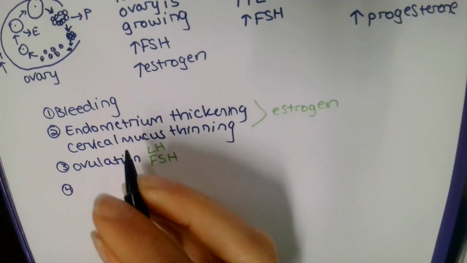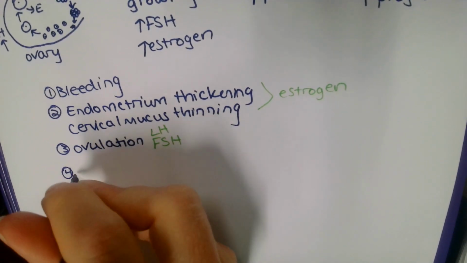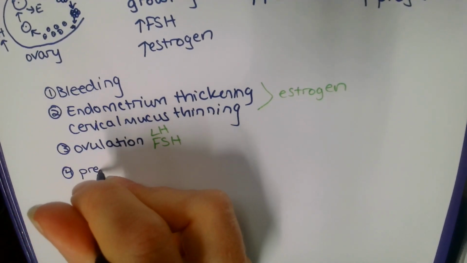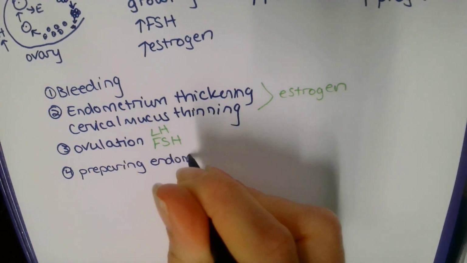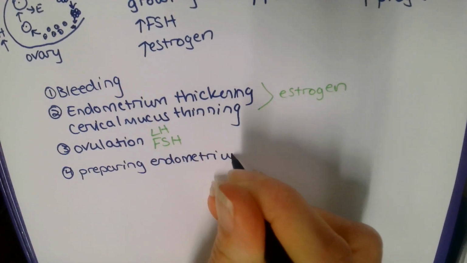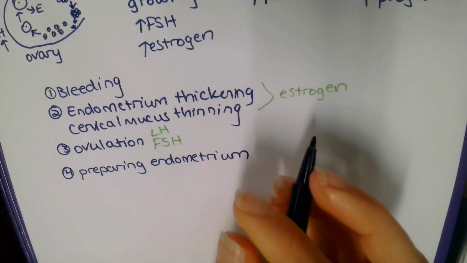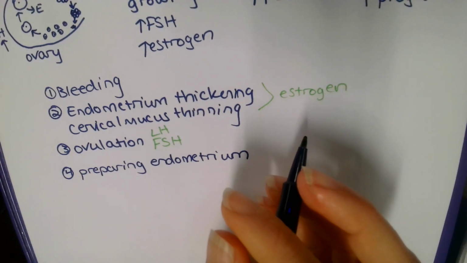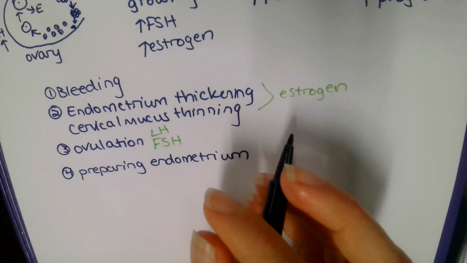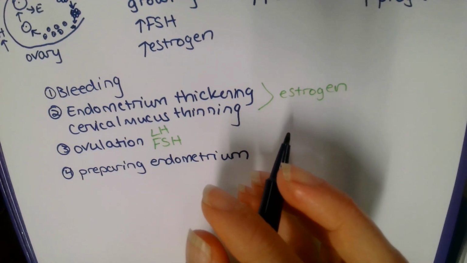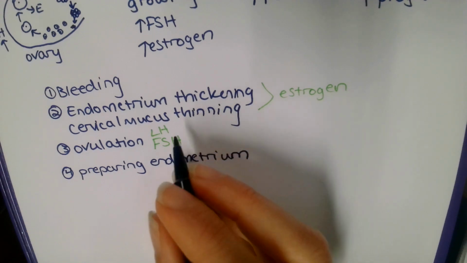The fourth event is preparing the endometrium for implantation, filling it with blood vessels, vasculature, so it can provide nutrients for the blastocyst to implant.